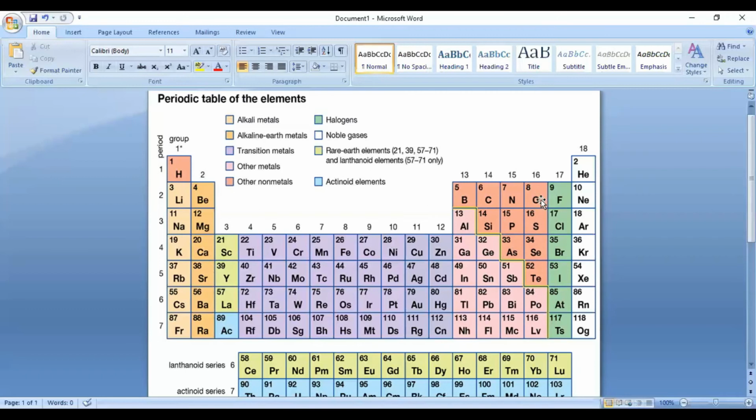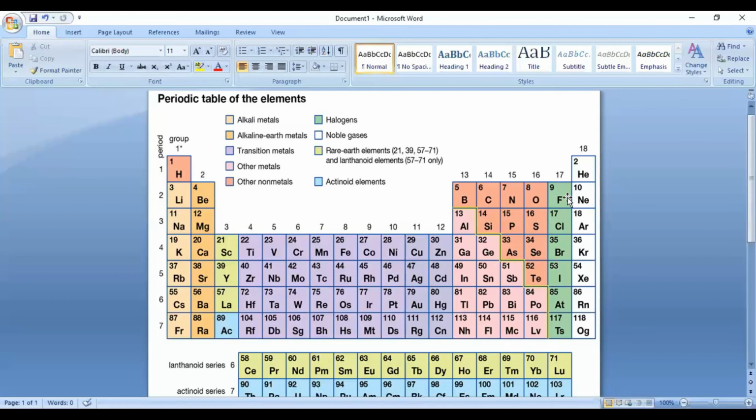Just like over here, it's written in the 16th group. Those are other non-metals and other metals, which include oxygen, sulfur, selenium, tellurium, and polonium. That is called the oxygen family.